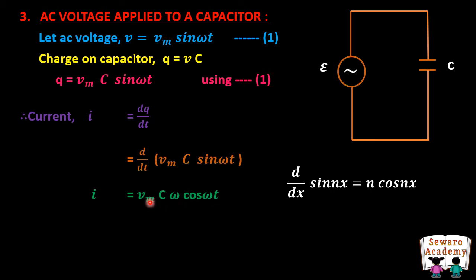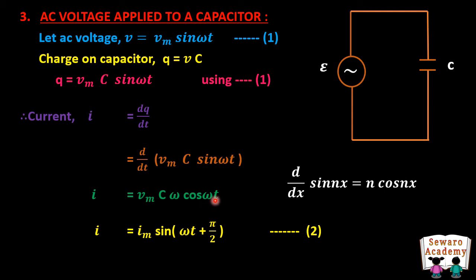Now we replace Vm C omega by Im, which is the peak current, and we have to write this cos omega t in terms of sine. So it can be written as I equals Im sin of omega t plus pi by 2, because sin of 90 degrees plus theta is cos theta, and theta here is omega t.